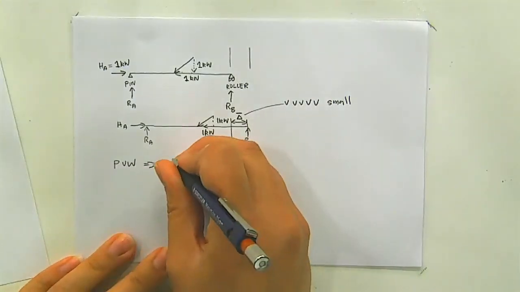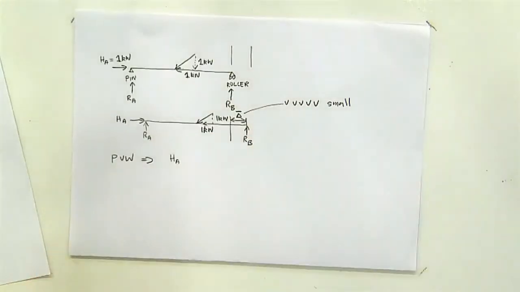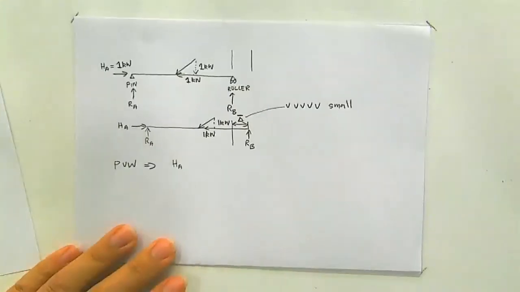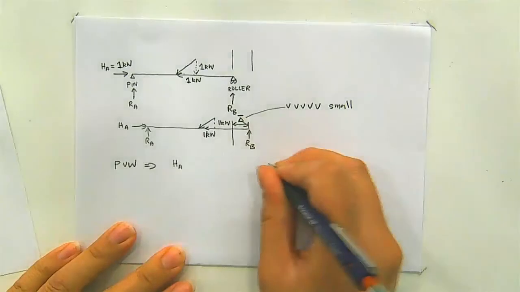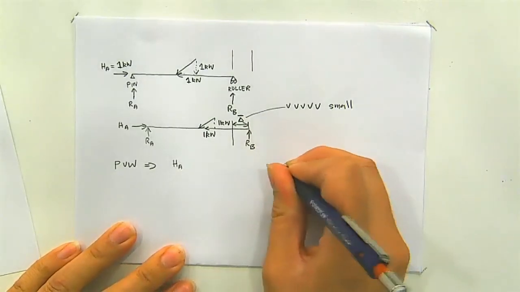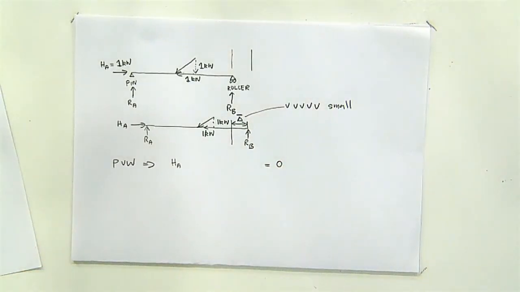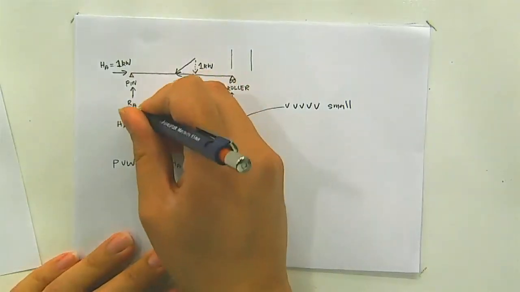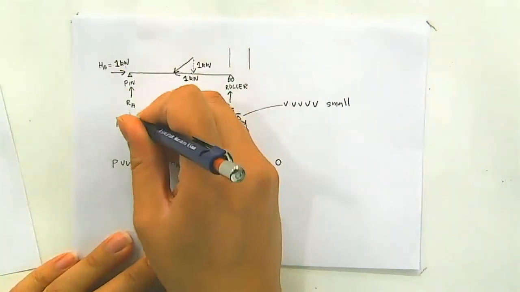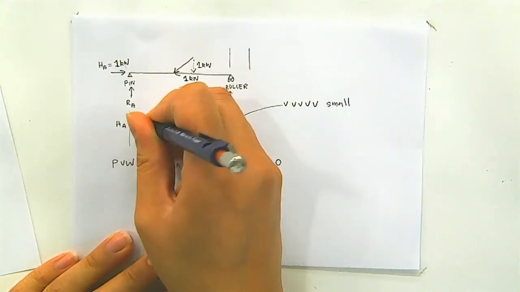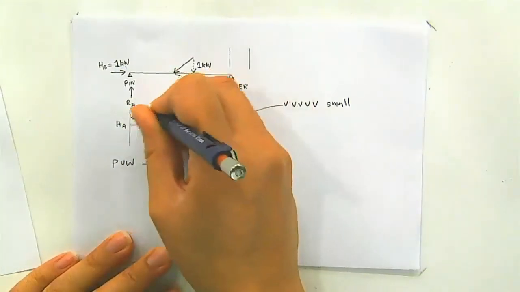The sum of all the work done must be equal to 0. HA has done some work, and HA has moved this very small distance, delta bar.